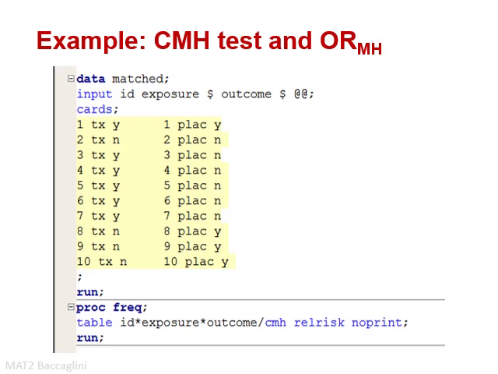In this case, we have the treatment or exposure and the placebo, and then you have a particular outcome, yes or no. We have 10 pairs, indicated by the numbers 1 through 10.